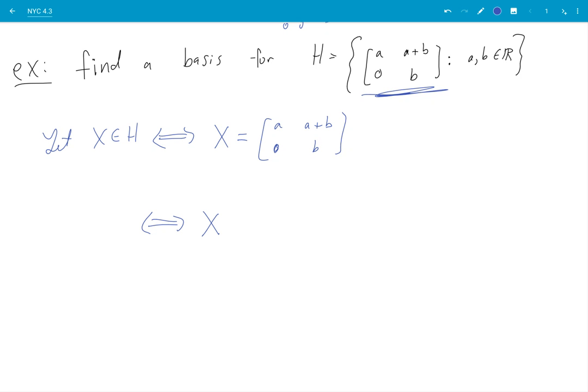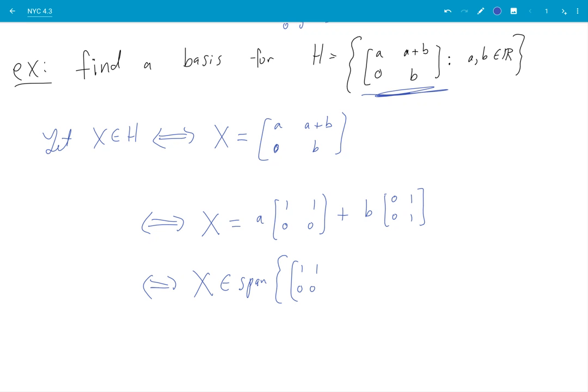Well, it means that x, if I pull it apart, I get a times 1, 1, 0, 0 plus b times 0, 1, 2, 2. And what does that tell me? It tells me that x is in the span of these two matrices.